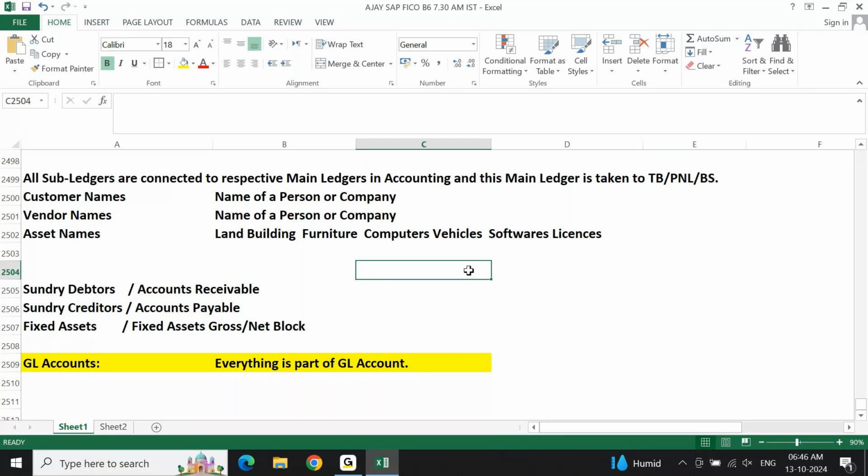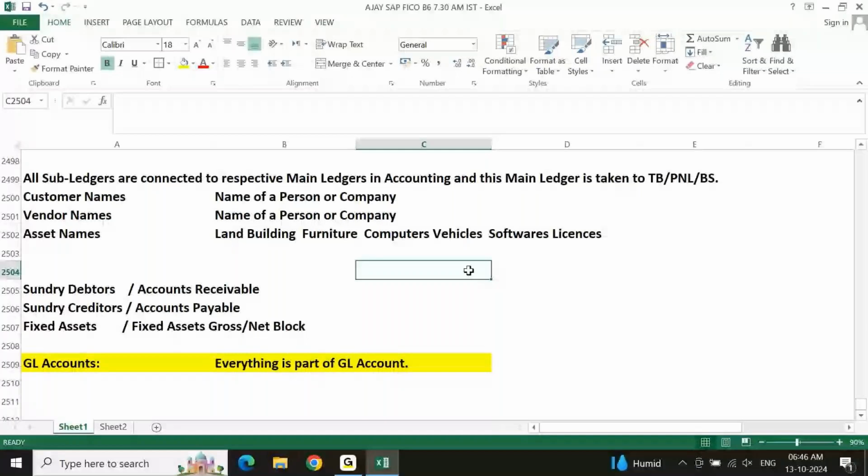Now every account or everything is part of which account? GL account, right? Yes, sir. When you're talking about GL account, you are by default including subledger also. GL account includes subledger.